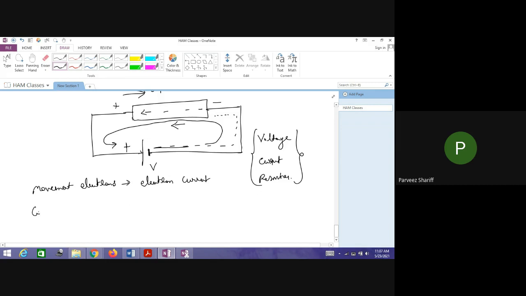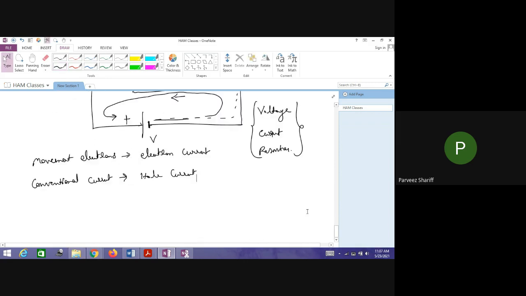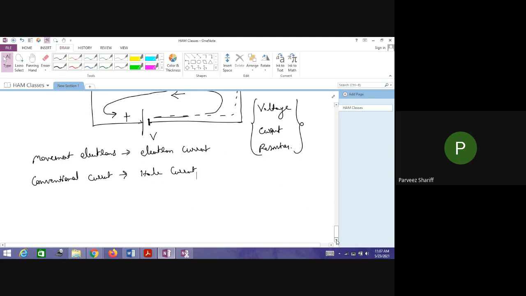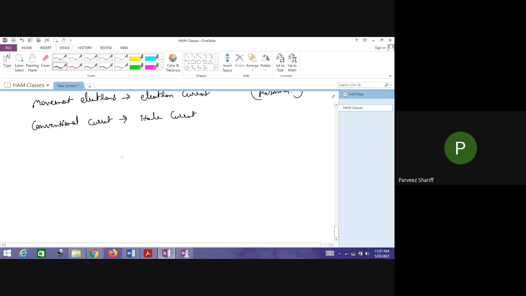And the conventional current is what we call the hole current. Okay, so let us understand a little bit in depth what this means. Let us consider this is something like a chair.